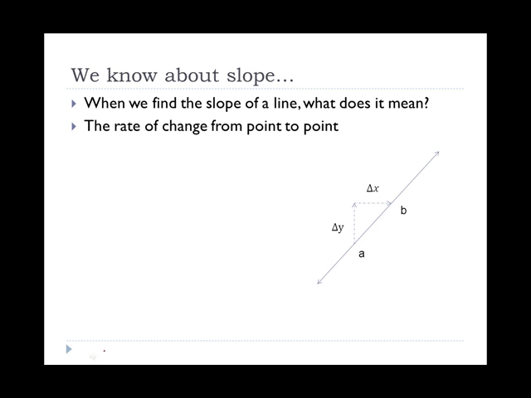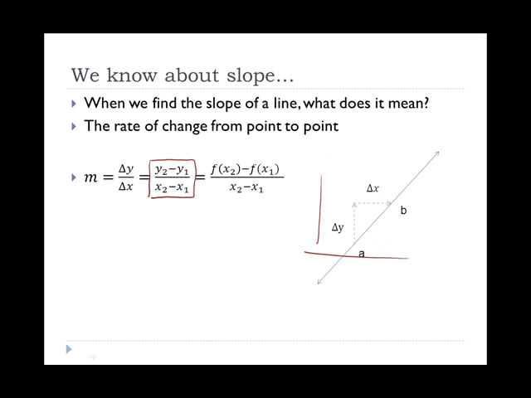Now remember, with the rate of change, there was a formula for that, and that is the change in y over the change in x, and we're probably used to this formula right here: y2 minus y1 over x2 minus x1. Now we need to take that a little more sophisticated. Let me just draw an x and y axis here.